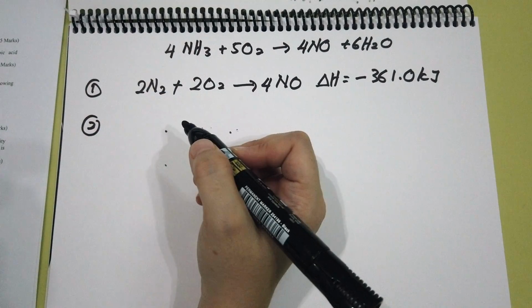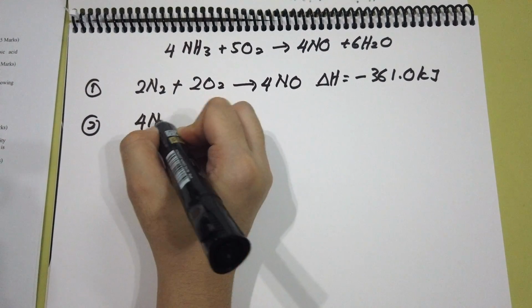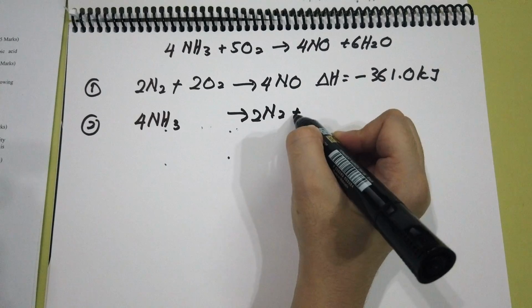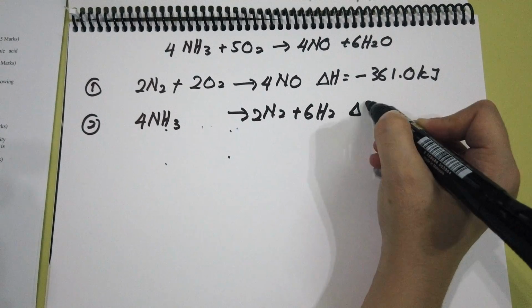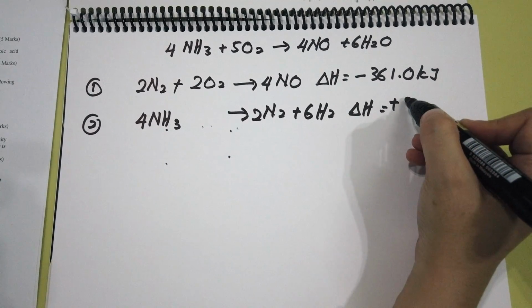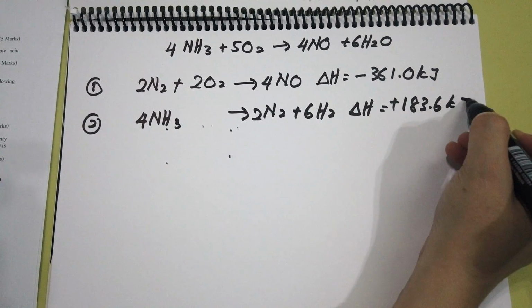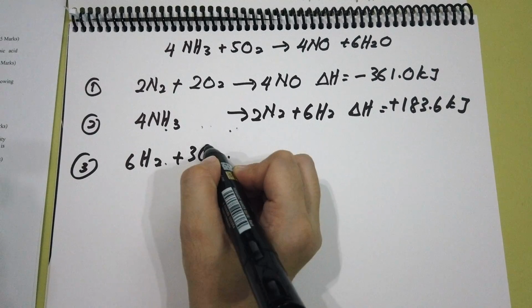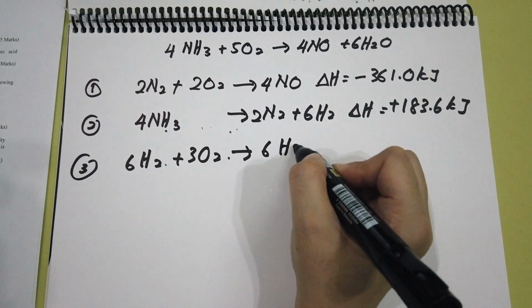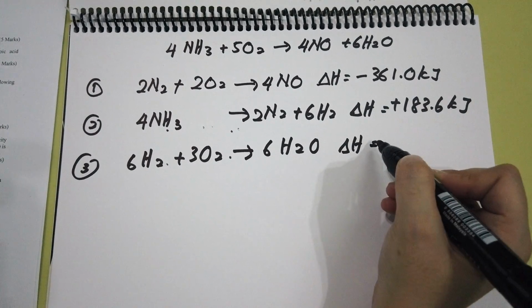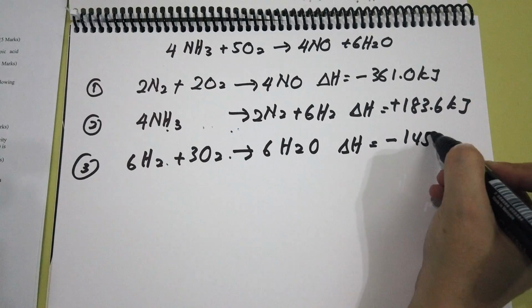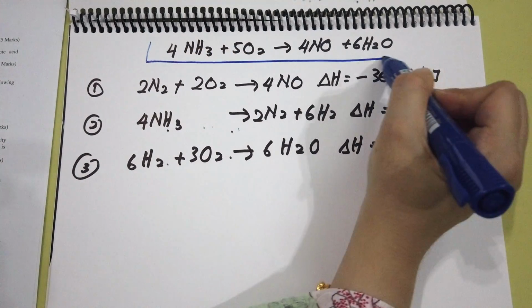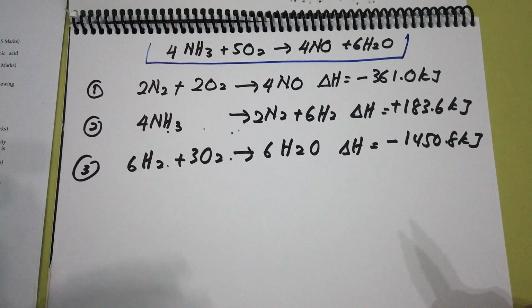Your second equation is 4NH3 will produce 2N2 plus 6H2, delta H equivalent to positive 183.6 kilojoule, and the third equation is 6H2 plus 3O2 will produce 6H2O, where your delta H is equivalent to negative 1450.8 kilojoule.